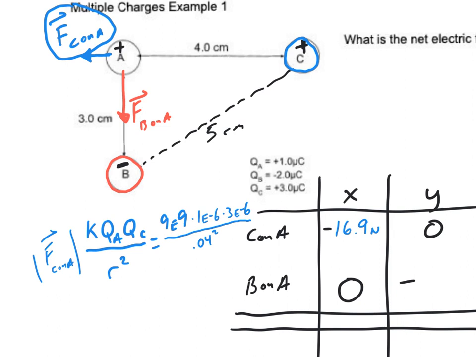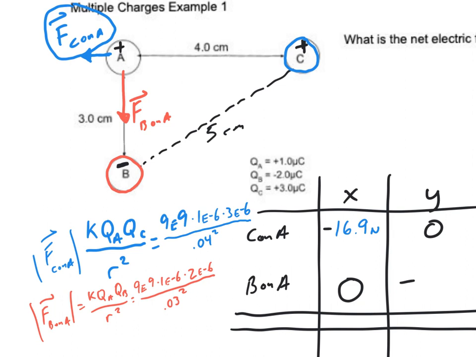B on A. Force of B on A in magnitude is going to be K QA QB over its distance away squared, which is going to be 9E9, QA is that same 1E negative 6, QB is going to be negative 2 microcoulombs, but I'm just doing magnitude, so I'm going to just say 2 microcoulombs, all divided by 3 centimeters away, squared.